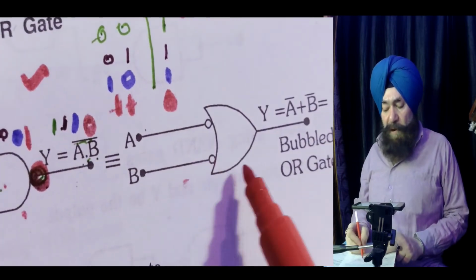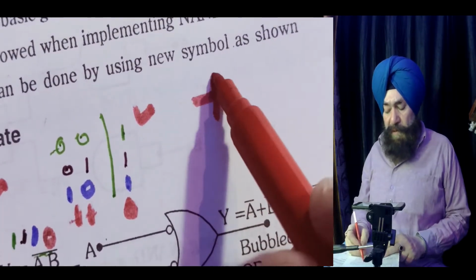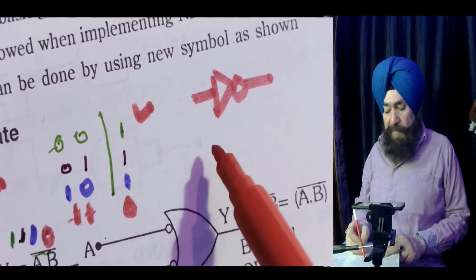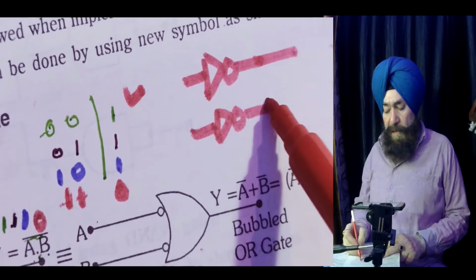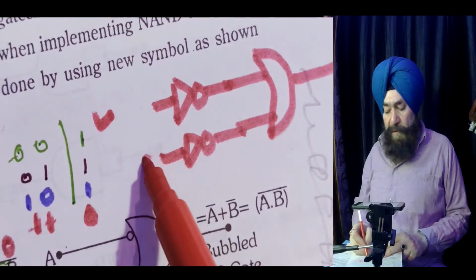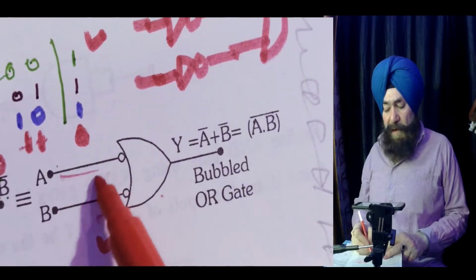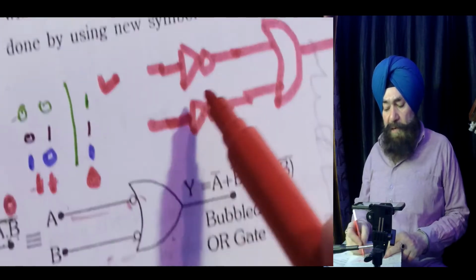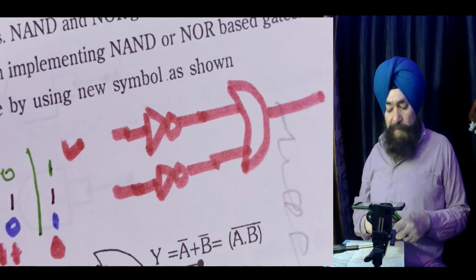Now this is called a bubbled OR gate. Bubbled OR gate means this is a NOT gate, this is a NOT gate, then we have an OR gate, and its symbol is like this: line, line, bubble, bubble, OR. Let's see the logic.